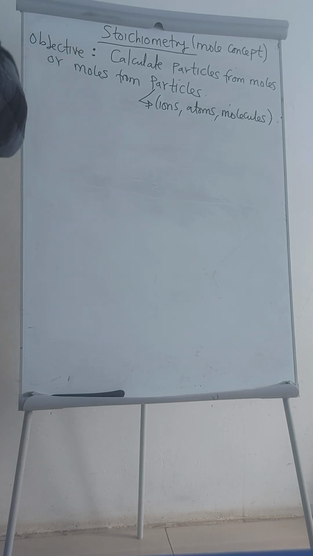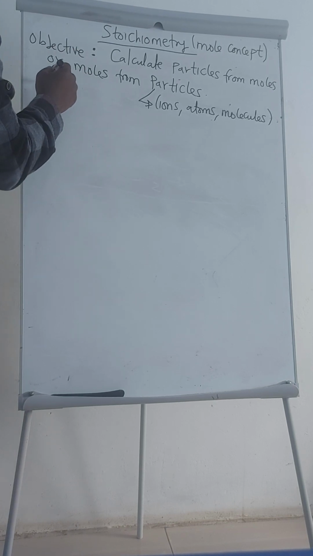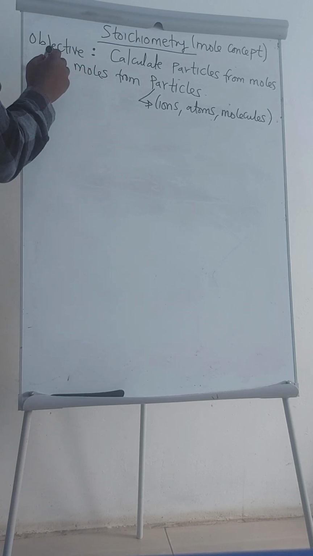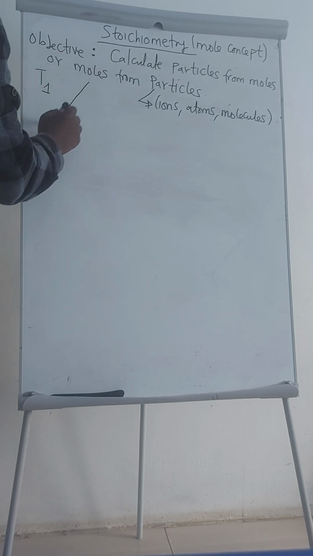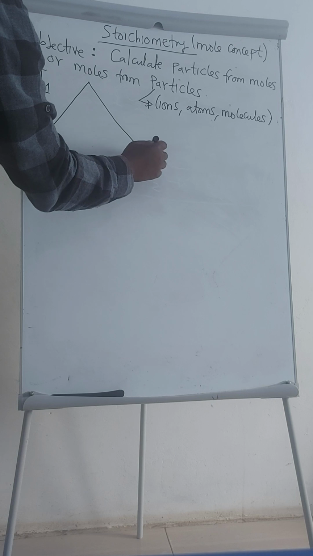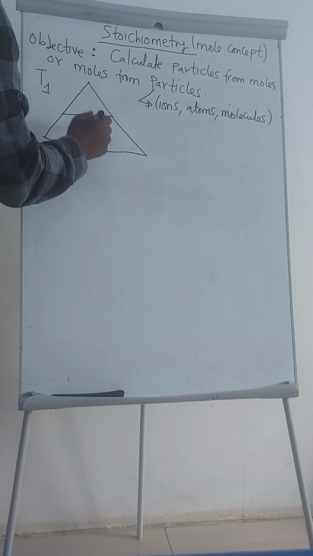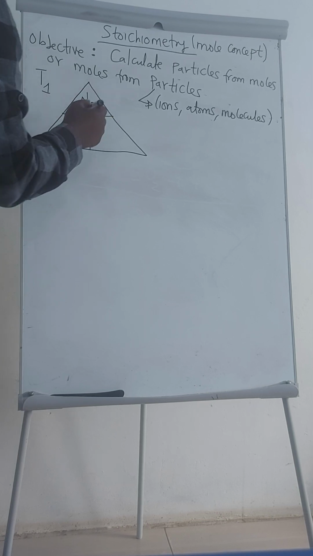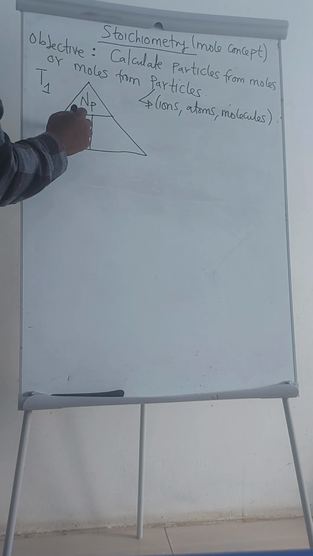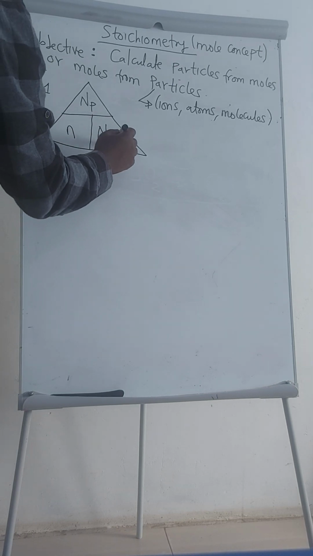So we use equation one, triangle one, T1. For triangle one we are going to have the number of particles, NP, the number of moles, and Avogadro's constant, Na.